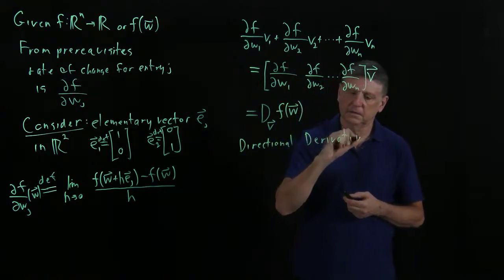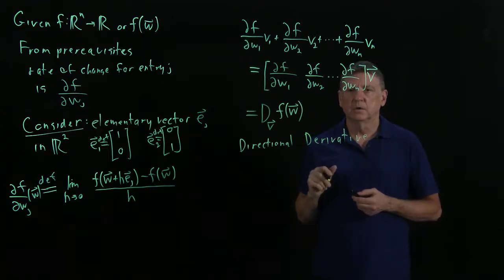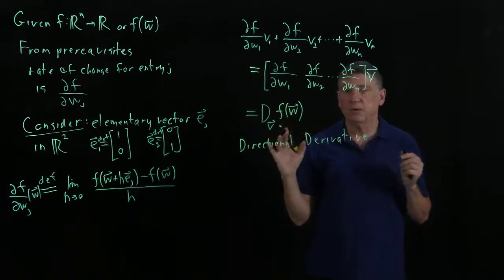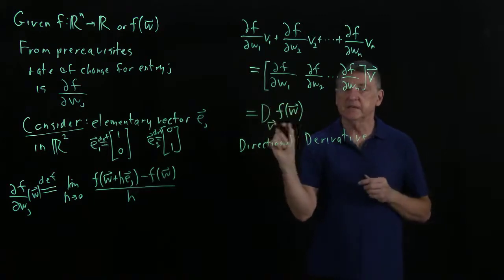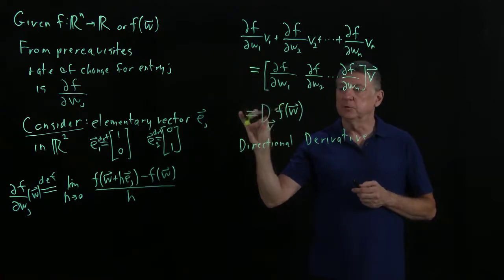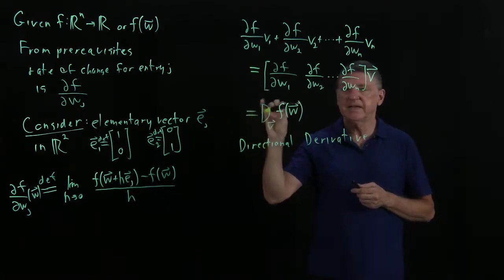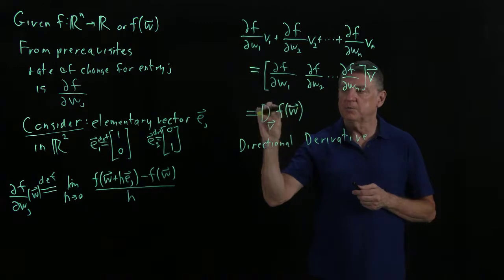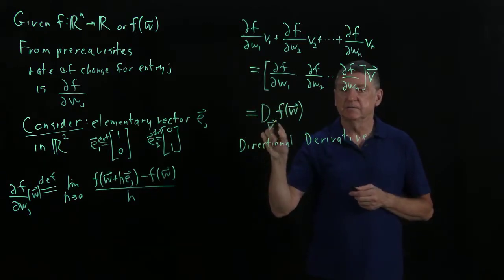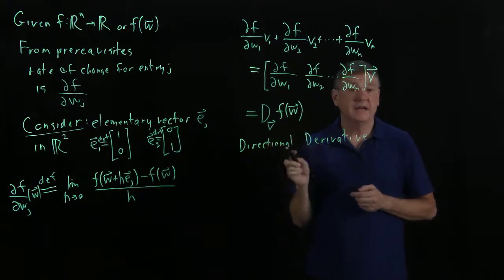And now we can write this very concisely. If we want to say what's the derivative of a function that has a vector argument in a direction, we can write D sub vector v, and that captures it.